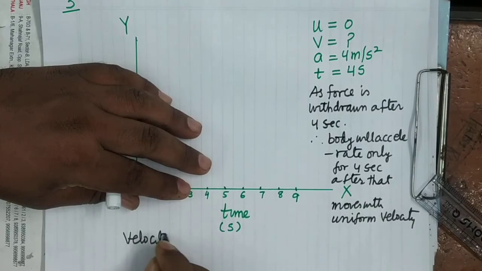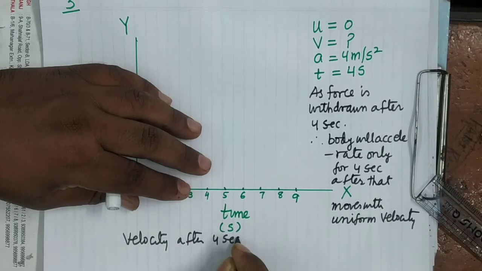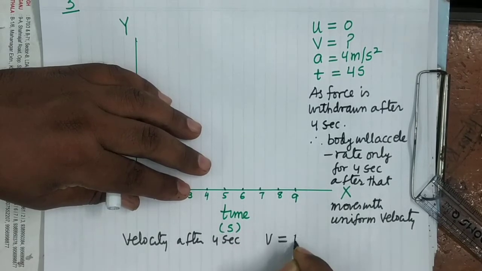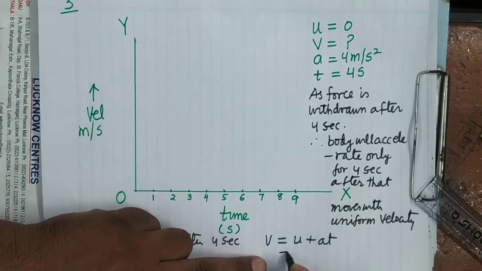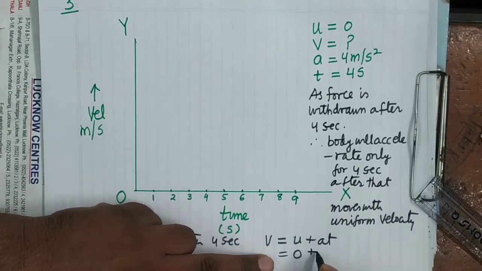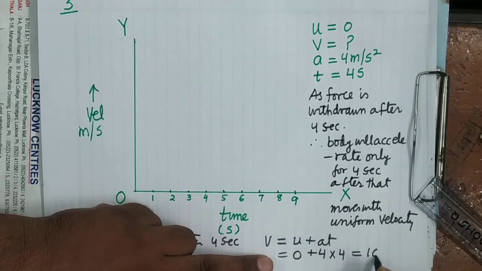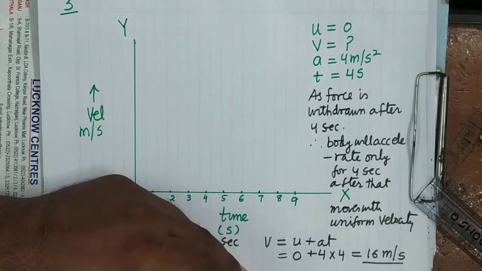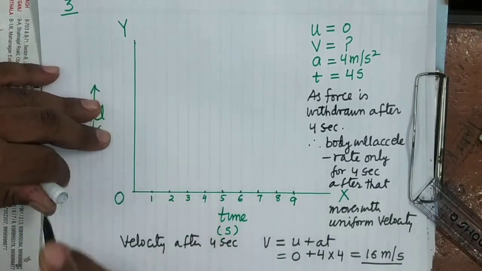Velocity after 4 seconds, that is v equals u plus at. What is u here? u is 0, a is 4 and time is 4. That is equal to 16 meter per second. After 4 seconds velocity becomes 16 and thereafter it remains constant.